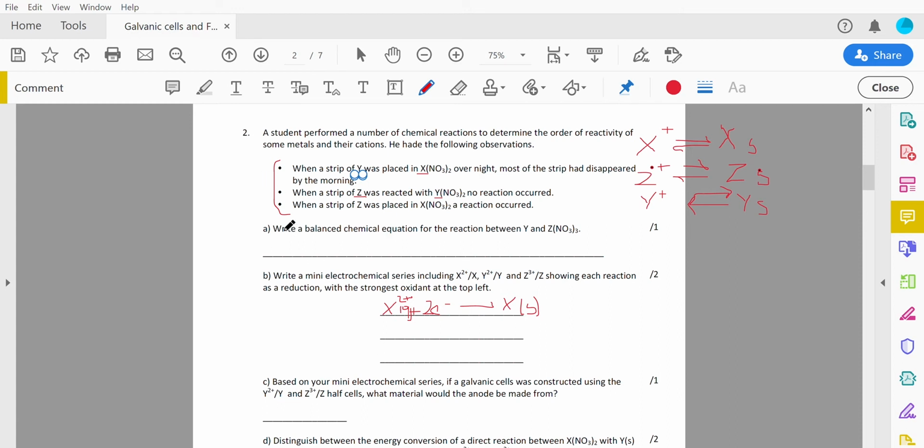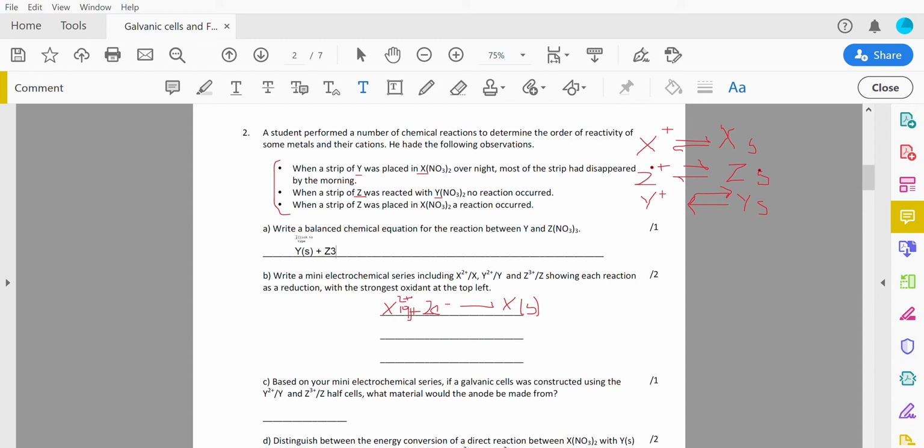So this then comes back to A. Write a balanced chemical equation for the reaction between Y and Z nitrate. What we really need to be focusing on here is, so we're going to have Y solid plus Z. What is it?